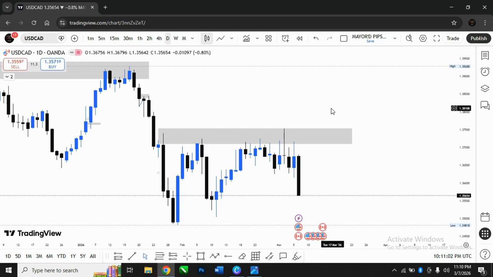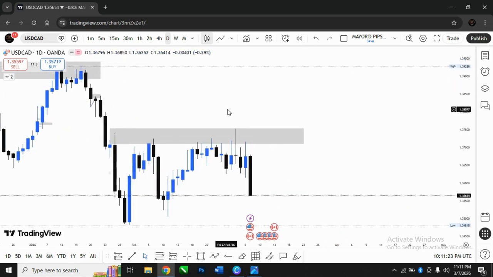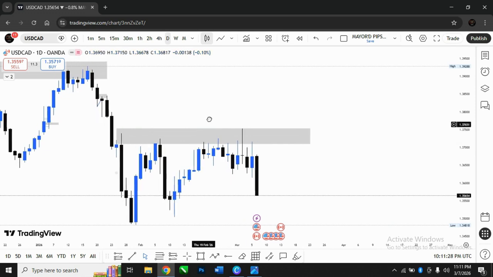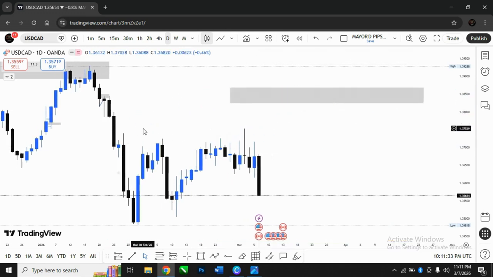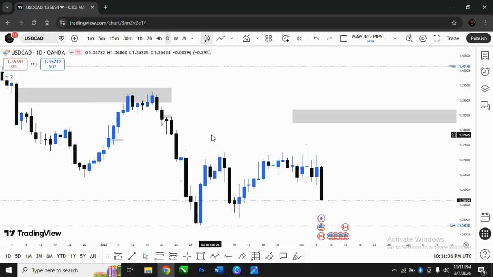But as time goes on, I found out that the best way to draw your support and resistance is to use your line chart. Your line chart will help you draw your support and resistance accurately and neatly. So you see how big my resistance is, because I am including my wicks.